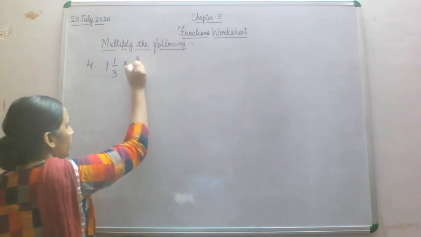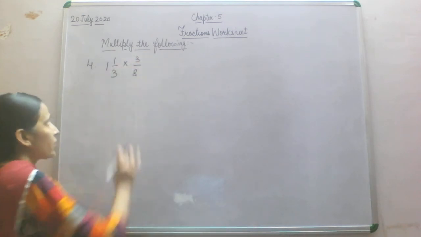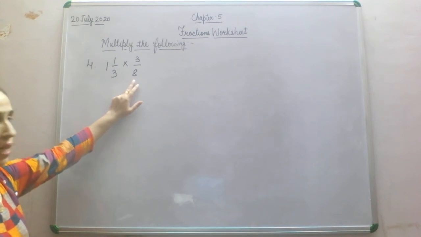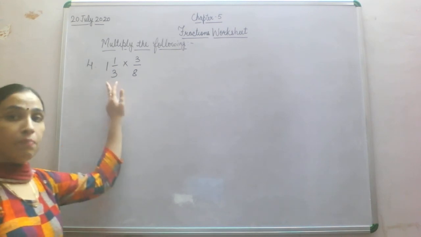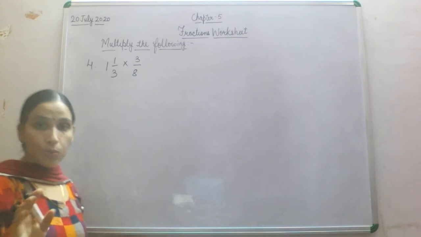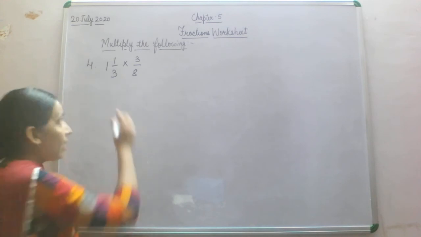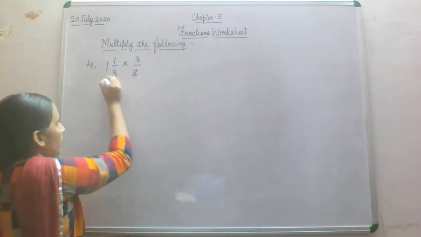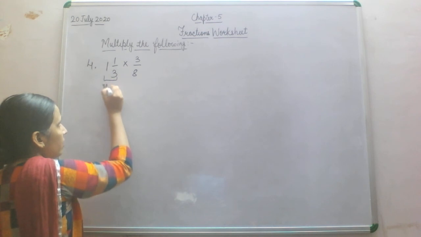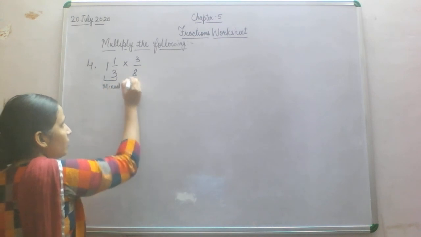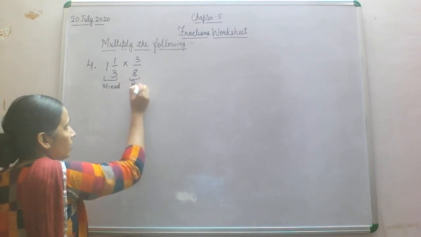So as you can see in this, we have two fractions. One is a mixed fraction and the second is a proper fraction. This one is the mixed fraction and this one is the proper fraction.